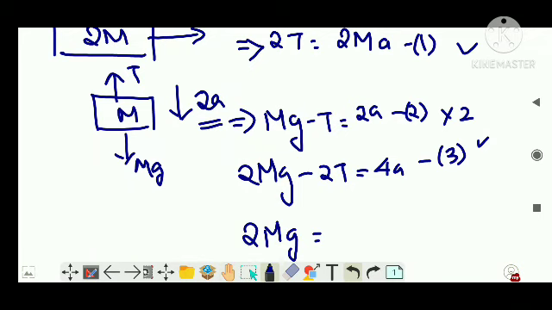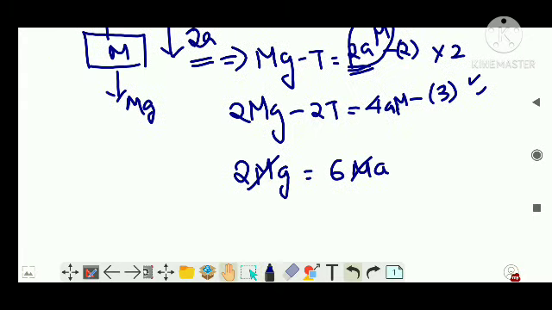Sorry, I just wrote acceleration there; it is mass into acceleration, so there is 2ma and 4ma. Adding the first and third equations, 6ma, I can cancel, and write this 2 and this 6 as 3, so a = g/3.